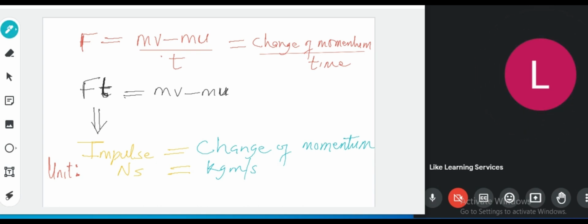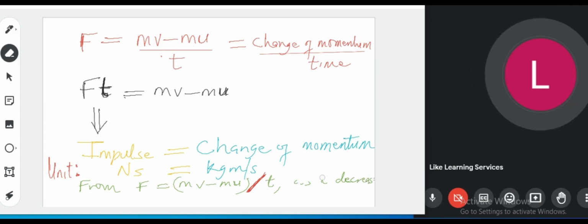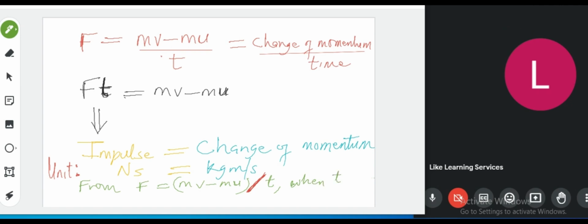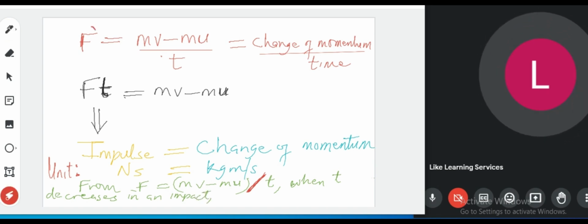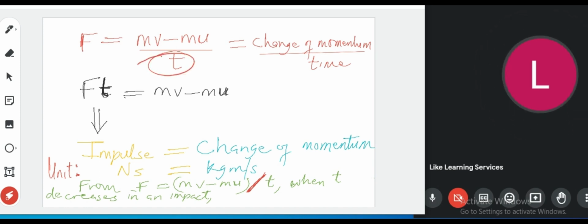So for a change of momentum, from F equal to mv minus mu over t, as t decreases, or during an impact, or when t decreases in an impact, the resultant force becomes bigger, because when t is smaller, it means F is going to be bigger.